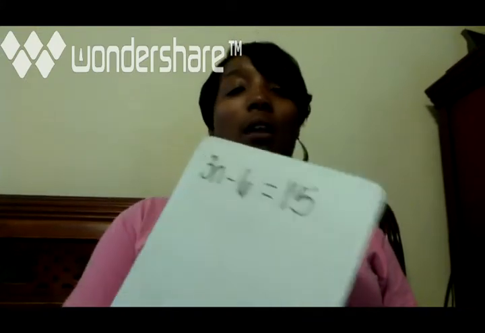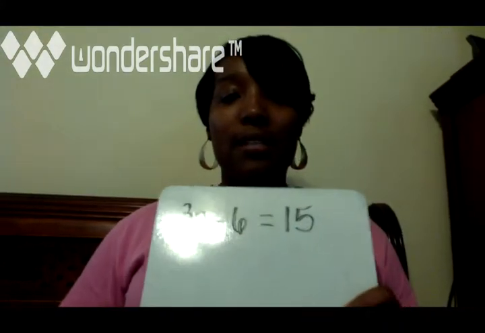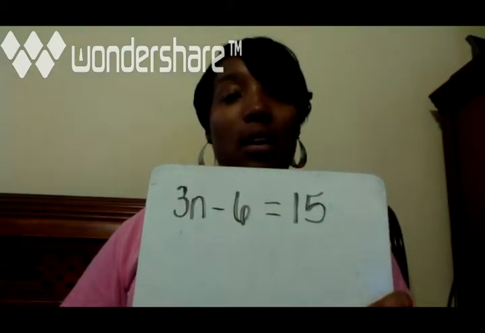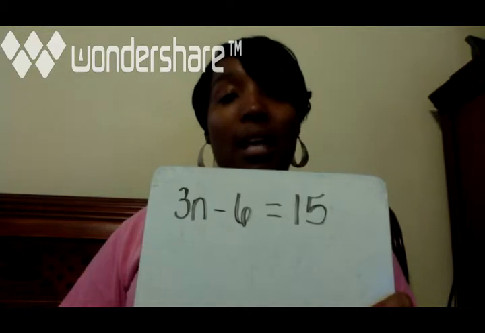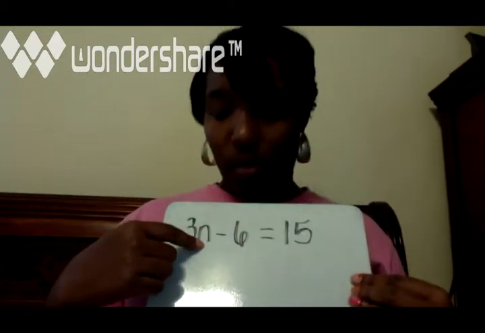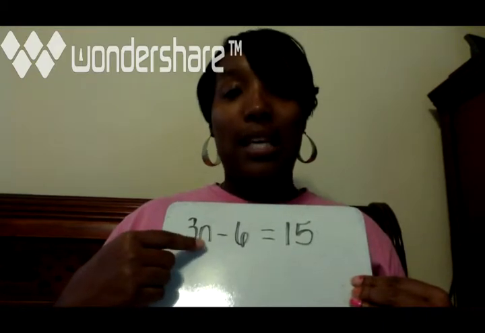So our first example, and we will be doing seven examples, is 3n minus 6 equals 15. Again, the object of the game is to get the variable by itself, which is n.